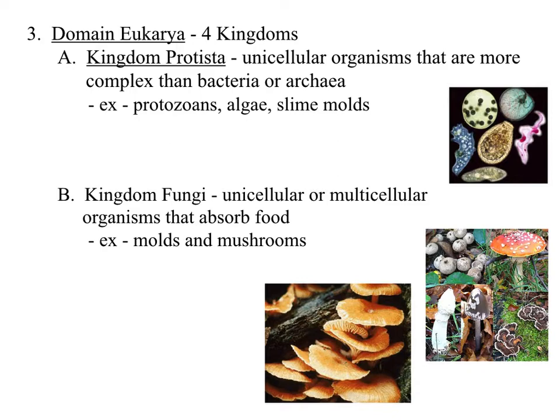Examples of things in kingdom Fungi would be molds and mushrooms. Over here you can see some pictures of molds and mushrooms and other kinds of fungus. We've got some little puff balls here. This one's called a fly agaric, destroying angel. Some really cool fungus.